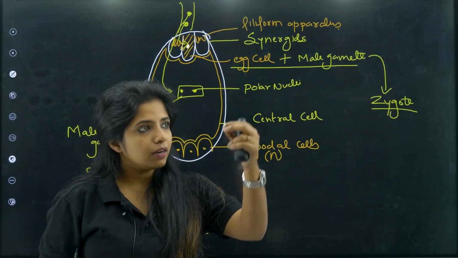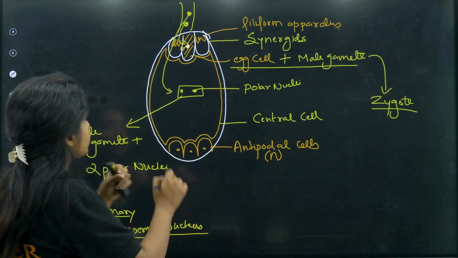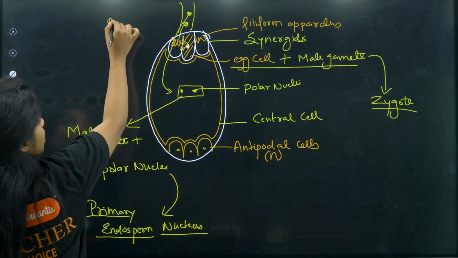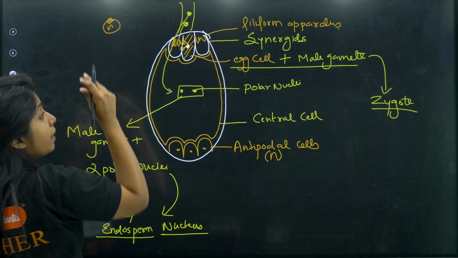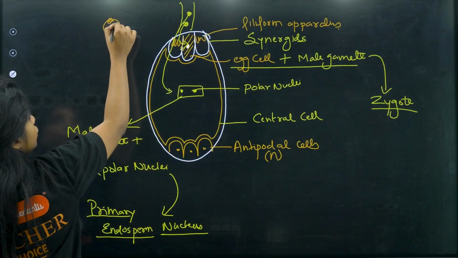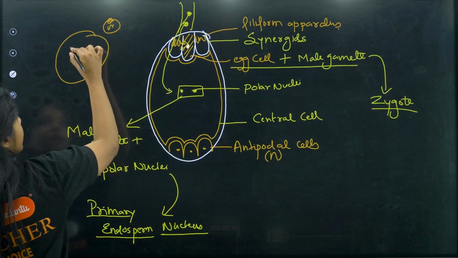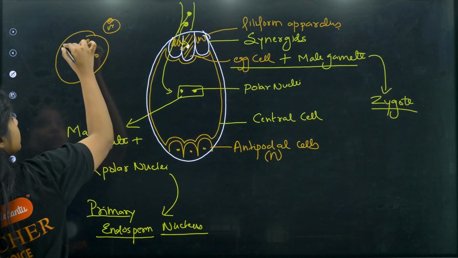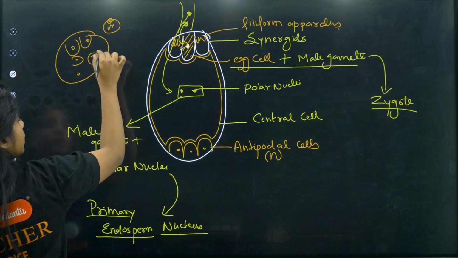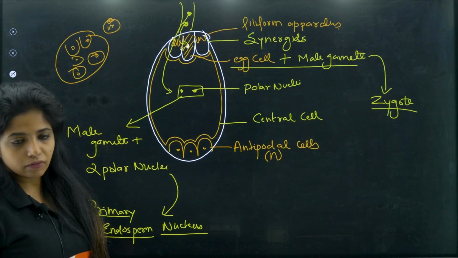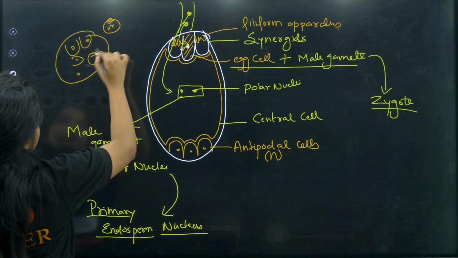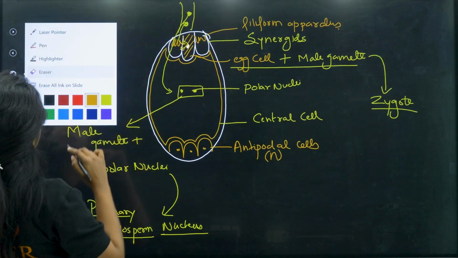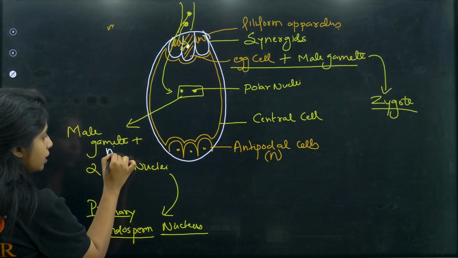Because you remember, of the megaspores three degenerated and one was left, and its nucleus was undergoing mitotic division. So it had multiple nuclei, and then the nuclei were enclosed by cell membrane and so on. That is how you got these cells. So all of them are haploid in nature, and the male gametes which are coming are also haploid in nature.